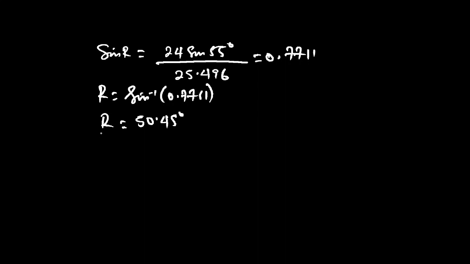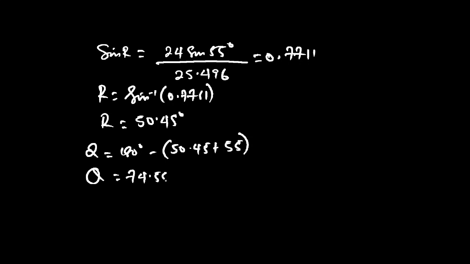So we're going to get that angle Q is equal to 180 degree minus 50.45 plus 55, the sum of angles in a triangle, and this will result to 74.55 degree. Do you understand that now?